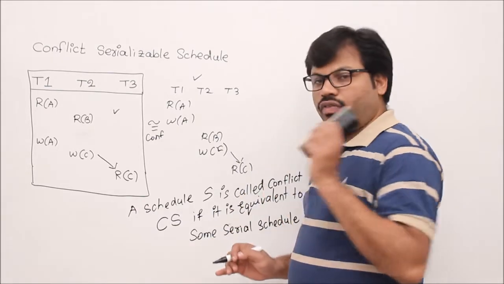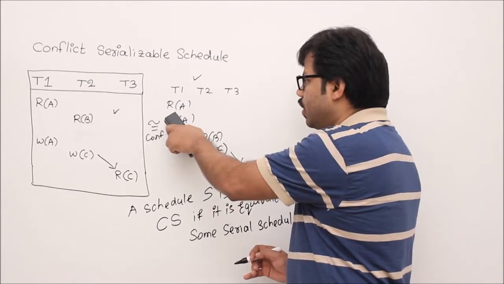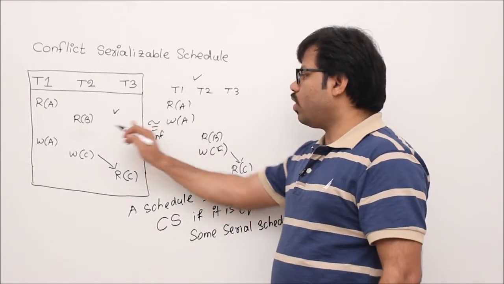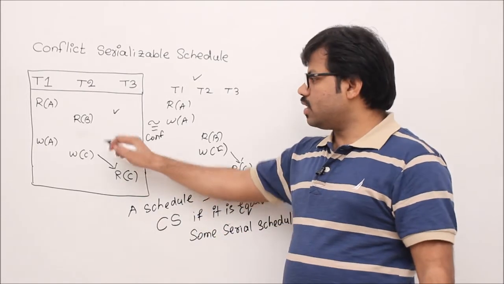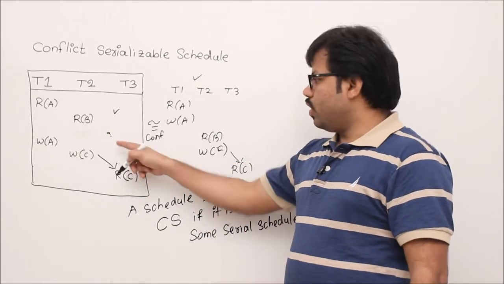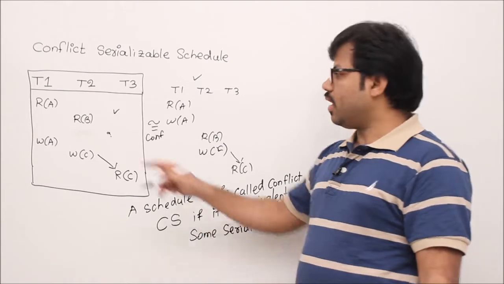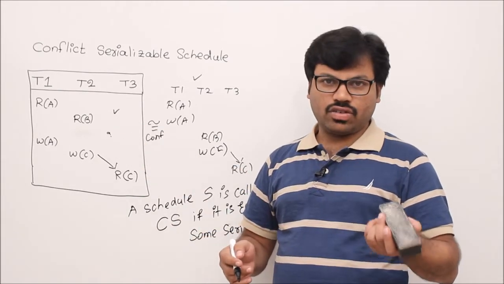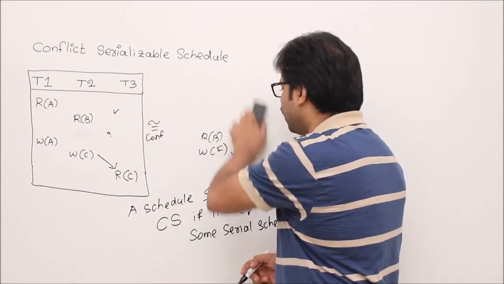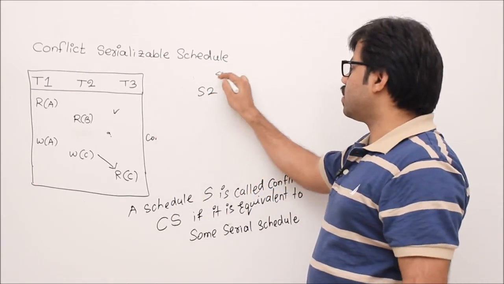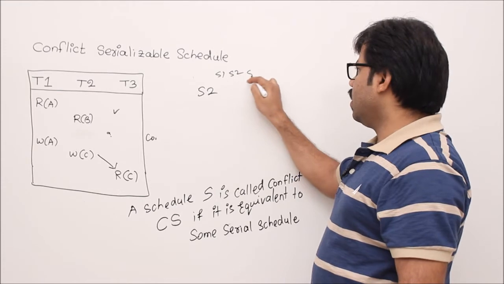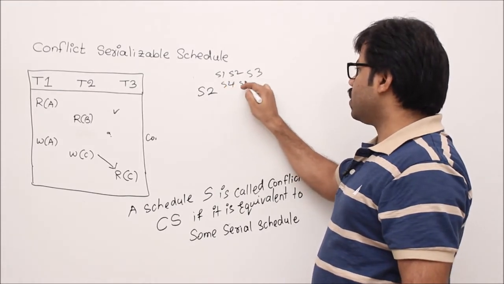Now if your luck is bad, this serial schedule might not be equal to this schedule with respect to the conflict definition. It doesn't mean that this is bad. Why? If these two are not equivalent, it doesn't mean that it cannot be equivalent to other serial schedules, right? Then you have to take one more serial schedule, let's say S2. We have 6 serial schedules with 3 transactions, S1, S2, S3, S4, S5, S6.